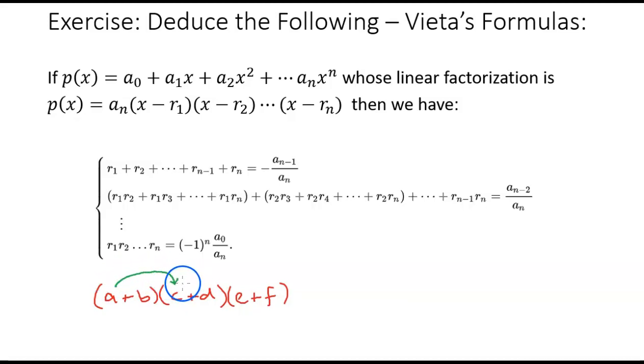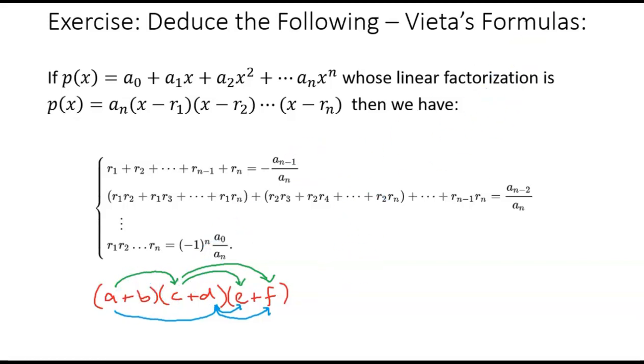So it's that one times that one times that one, plus that one times that one times that one, plus that one times that one times that one, plus that one times that one times that one. You get the idea. It cycles through everything, and then you would do the same with the b's.